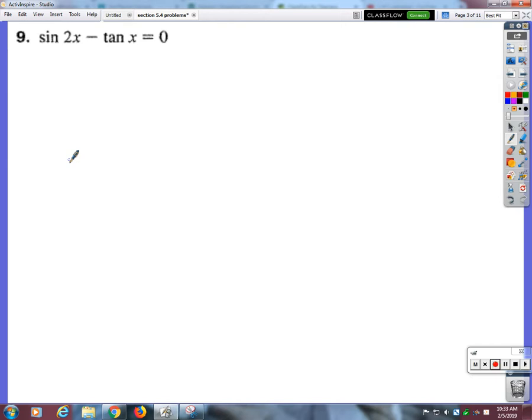What does sine of 2x change into? 2 sine x cosine x. And that's our only choice, right? What does tangent change into? Sine over cosine. No, we're just using this right here.